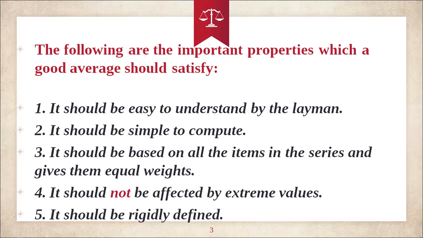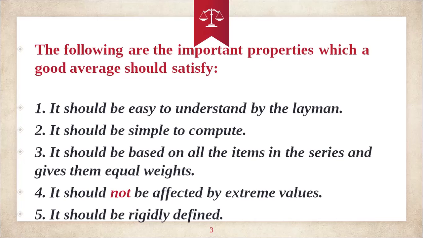The second property: it should be simple to compute. When you take into account the statistical calculation part, when you are estimating the averages, which one is simple? The arithmetic mean is simple compared with the geometric mean and harmonic mean.